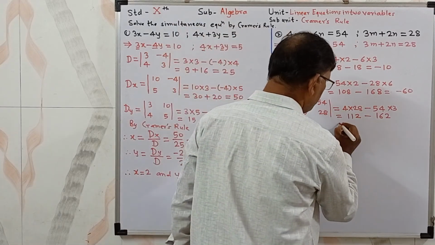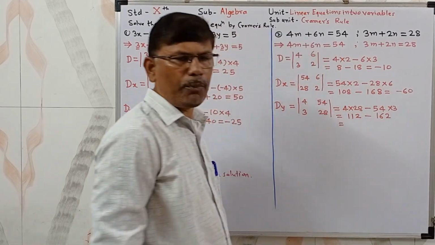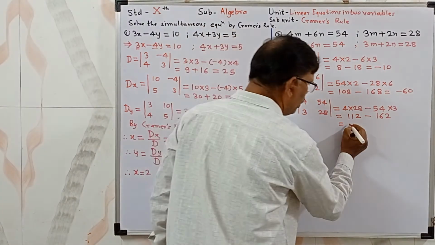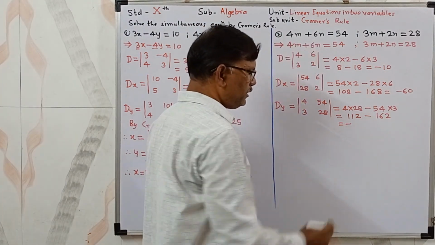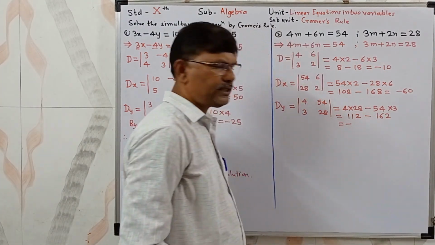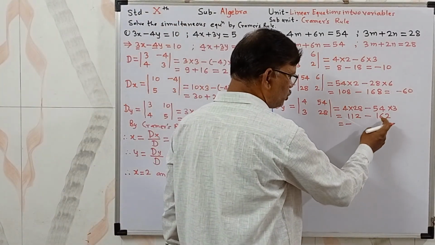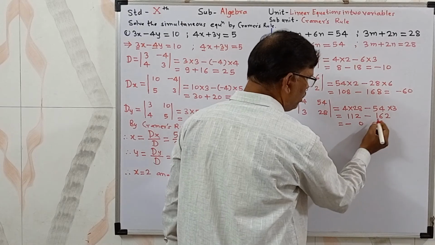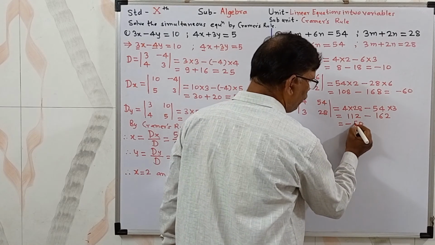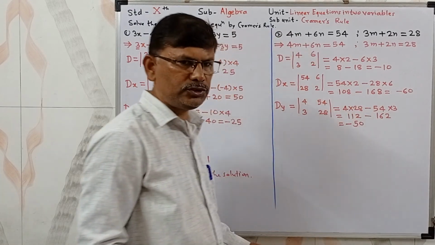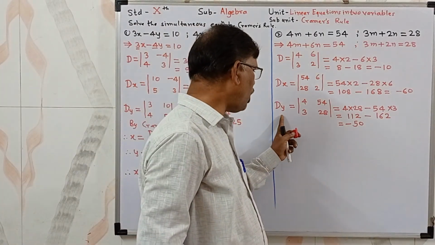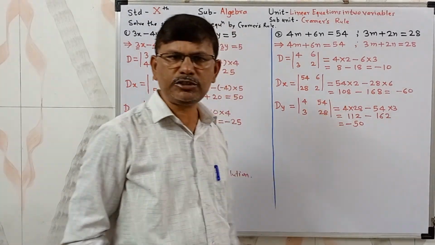In this also, the sign of bigger number is minus. So write down first minus, and both numbers have different sign. So do subtraction. 2 minus 2, 0. 6 minus 1, 5. And 1 minus 1, 0. The value of determinant Dy is equal to minus 50.